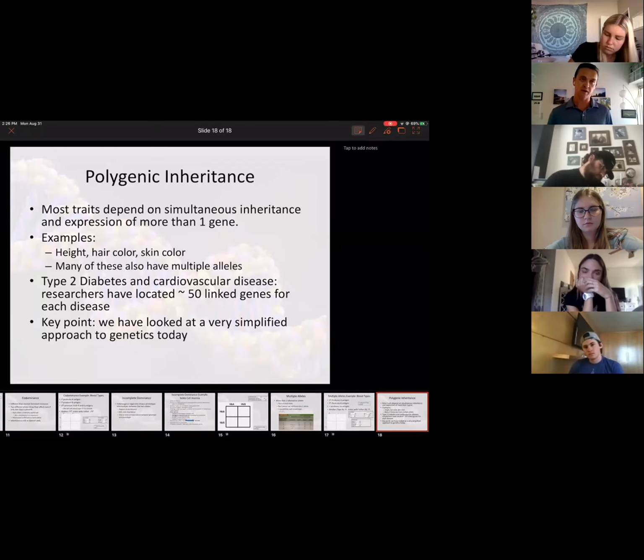Lastly, real quick, all this slide really says is I've presented you a simple approach to genetics today, and all of it's true, but it's looking at the traits that are passed down in a simple way. For many things, like even as simple as height or hair color or skin, or definitely something like intelligence or disease risk like cardiovascular disease, it's more complex. For type 2 diabetes and cardiovascular disease, for example, we know of about 50 linked genes connected to both.